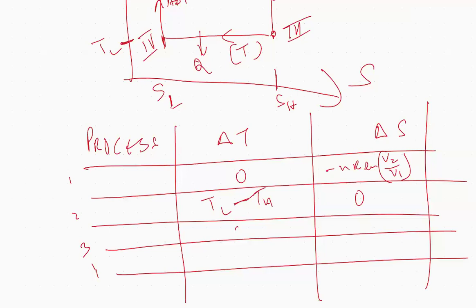Okay, so here it's isothermal expansion, adiabatic expansion, Q, and that is expansion. Then isothermal compression.